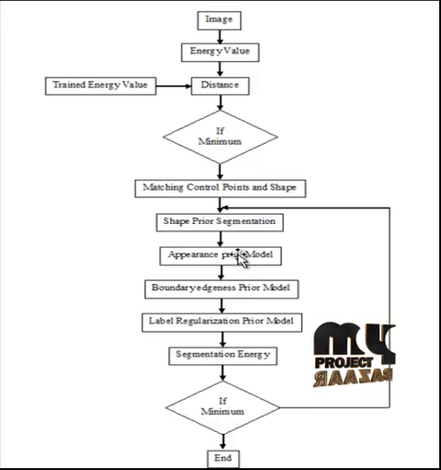After that, the boundary edges prior and the label regularization prior are applied, where the overall segmentation is employed based on the analysis of the Markov random model and the finding of the segmentation energy in each of the cases, and from that the overall segmentation energy was identified.